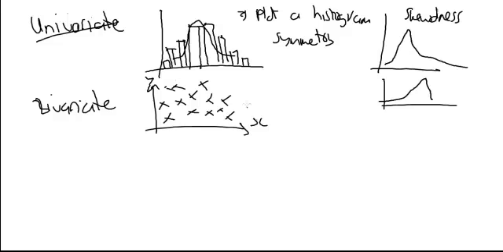So it could be something like this, and there we just say there's no pattern, or no correlation. So knowing what the value of x is doesn't tell us anything about what the value of y is going to be, or knowing the value of y doesn't tell us anything about x. They seem to be all over the place.